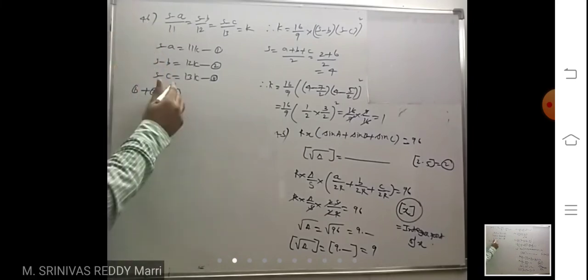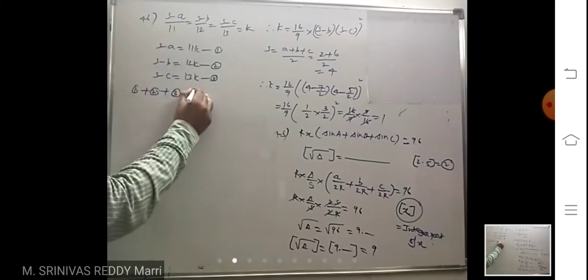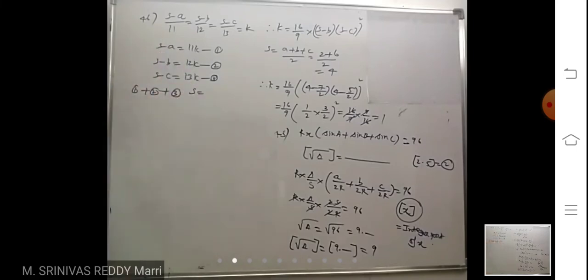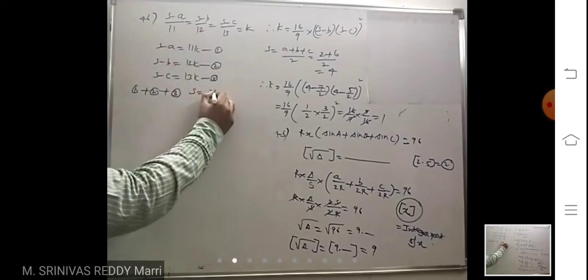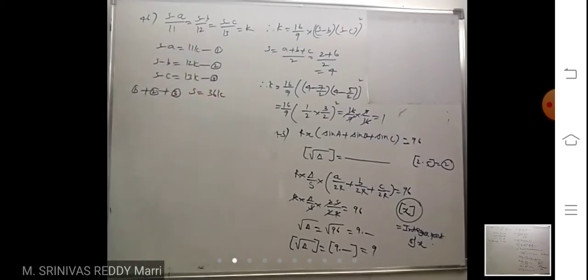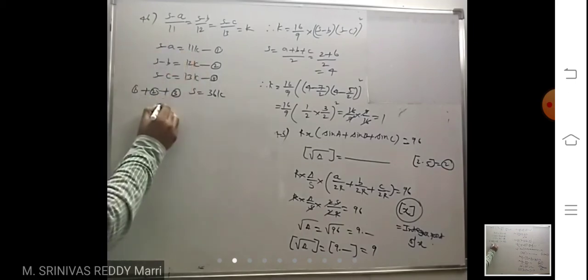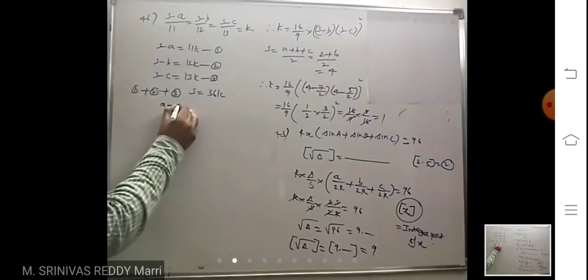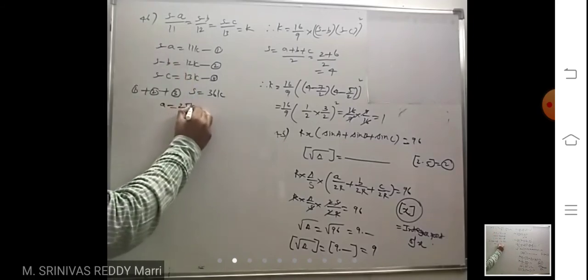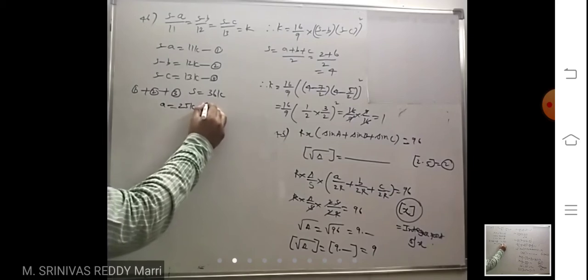So if you add all three, 3S minus 2S, so S equals, if you add these, 36K. S is nothing but 36K. Therefore, if you substitute in the first equation, 36K minus A equals 11K, so A equals 25K.